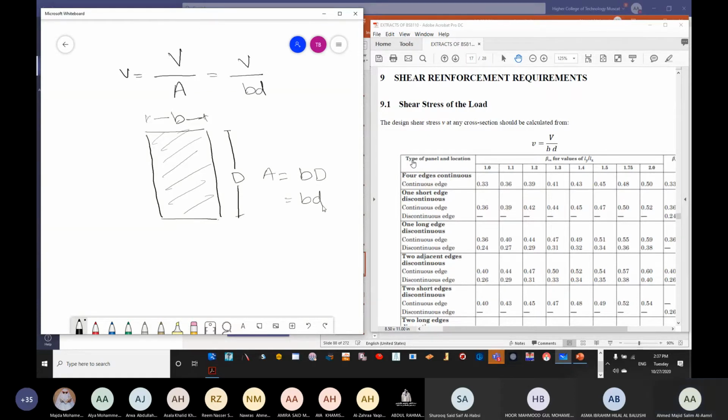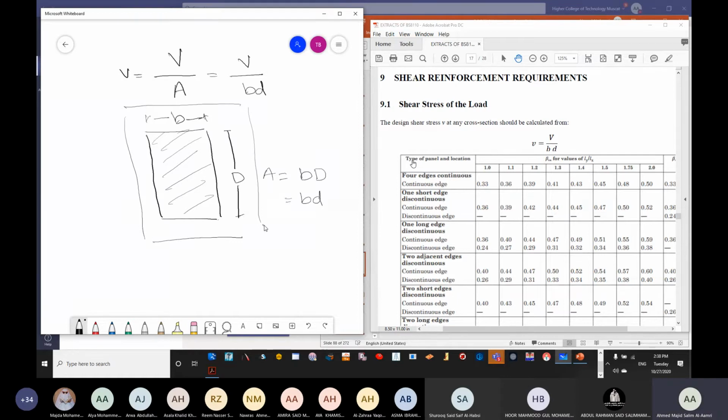Which one of them? I'm not talking about the equation. I'm talking about the area of the section. Leave the equation, maybe the equation is wrong. The area of the section, is it D small or D capital? The question is very clear. It's D capital, right? Okay.